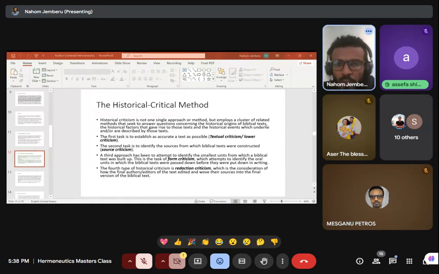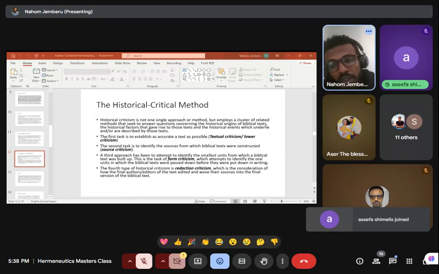So you have to make sure that you understand how a specific author defines this kind of thing. Some people prefer to call it the historical critical method. Some might simply call it the critical method. Some might call it historical criticism. So it's essentially the same thing.